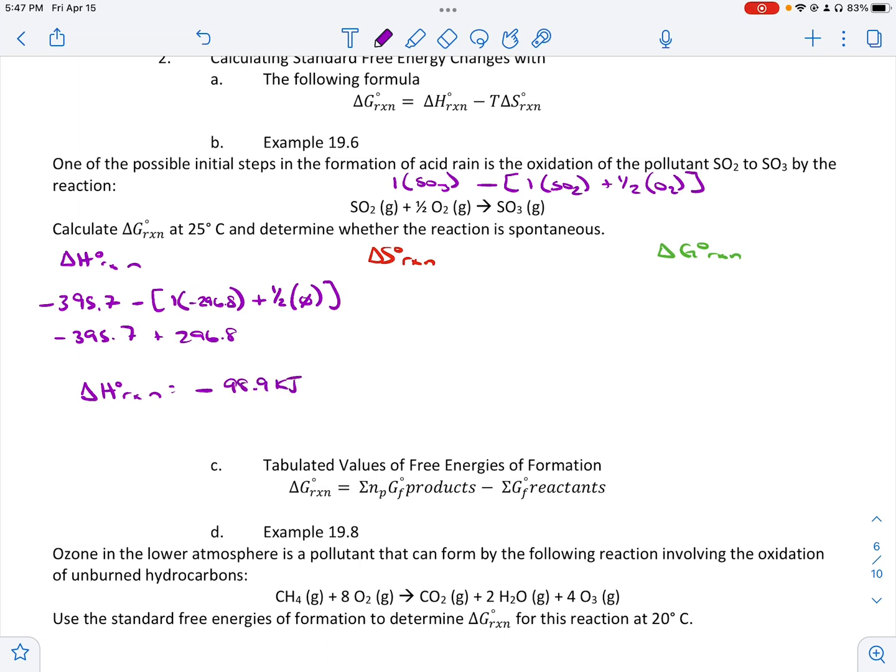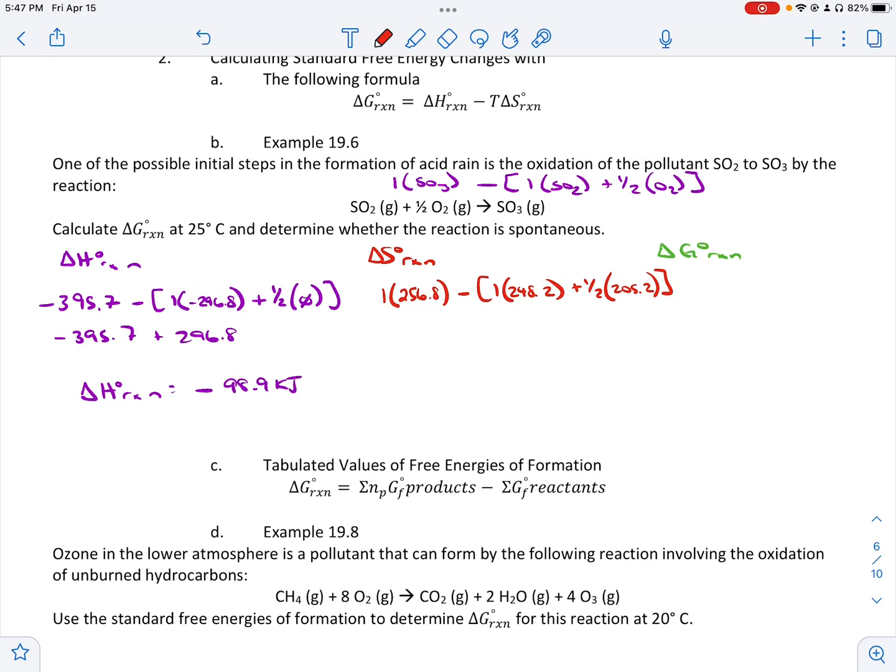All right. Now we're going to do that same thing with delta S, looking it up in the same back of the book. So we're going to have 1 times whatever SO3 is, and SO3 is 256.8, minus 1 times whatever SO2 is, 248.2, plus 1/2 of whatever O2 is. And remember, this is not going to be zero because it talks about the amount of disorder.